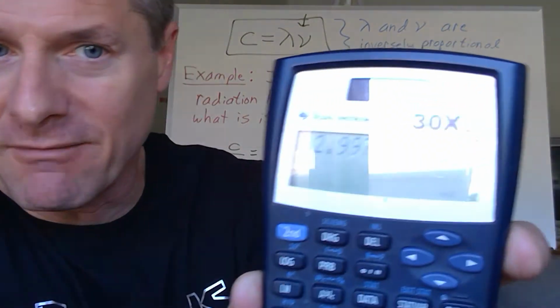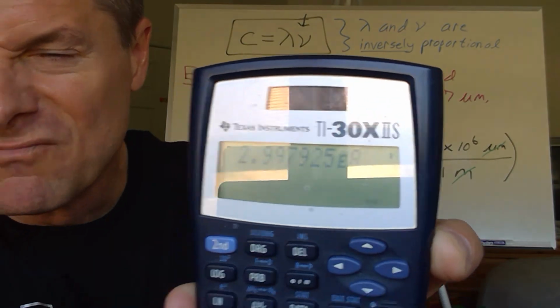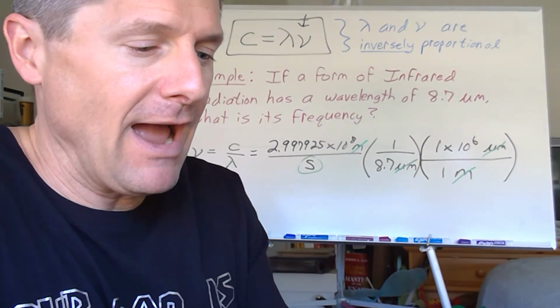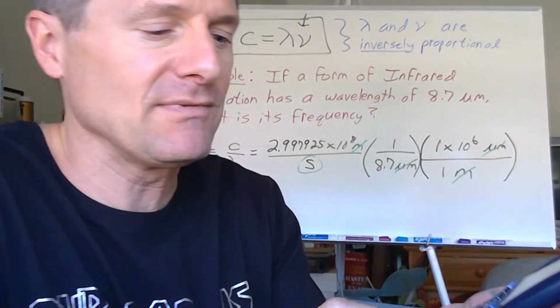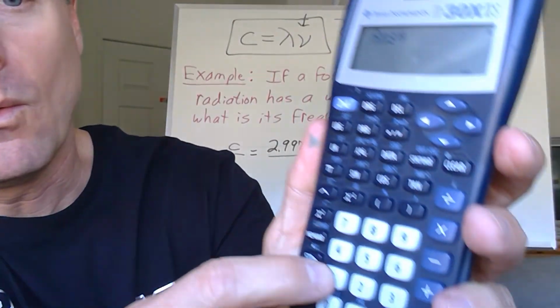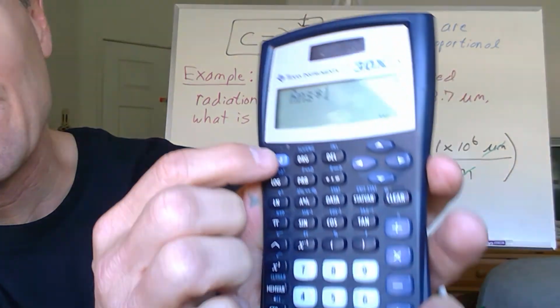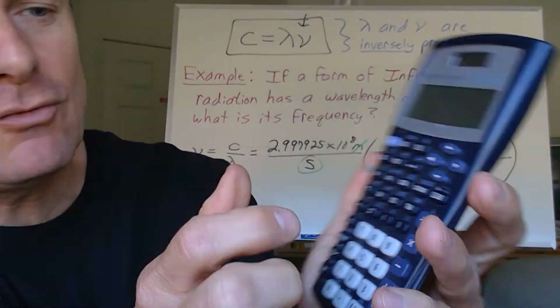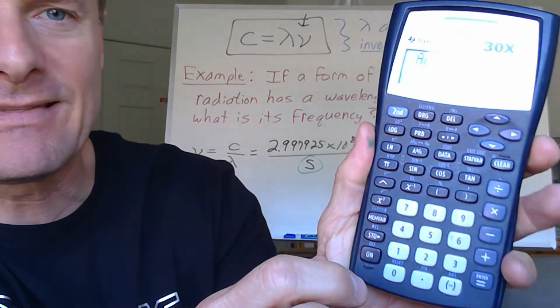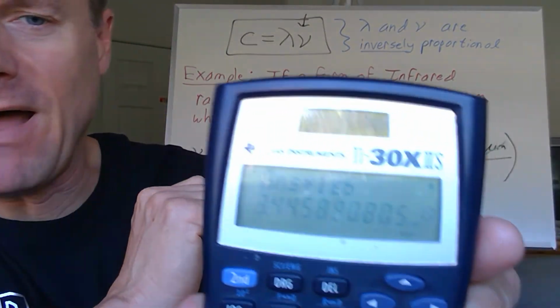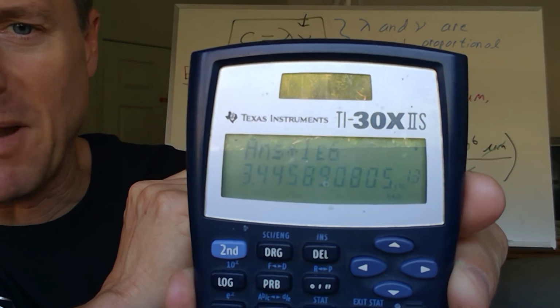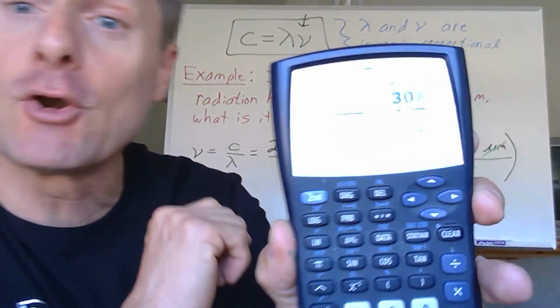So that's the speed of light. And if you have the EXP button, do that. Divided by 8.7 equals, and then I'm going to times that by 1 times 10 to the 6th. All right. So I get 3.445, blah, blah, lots of digits, times 10 to the 13th.